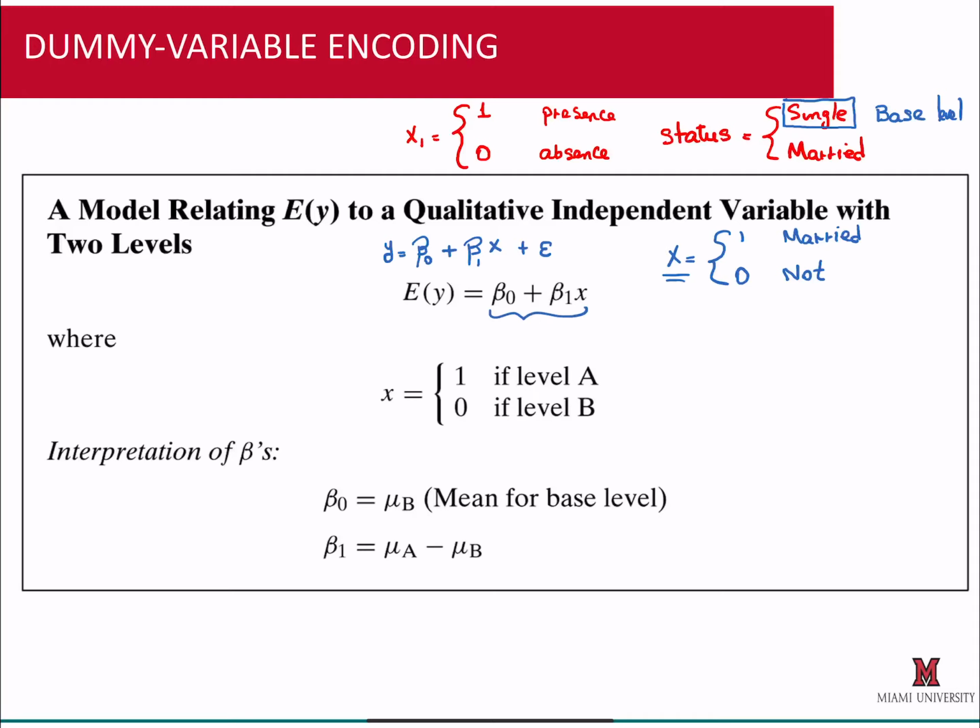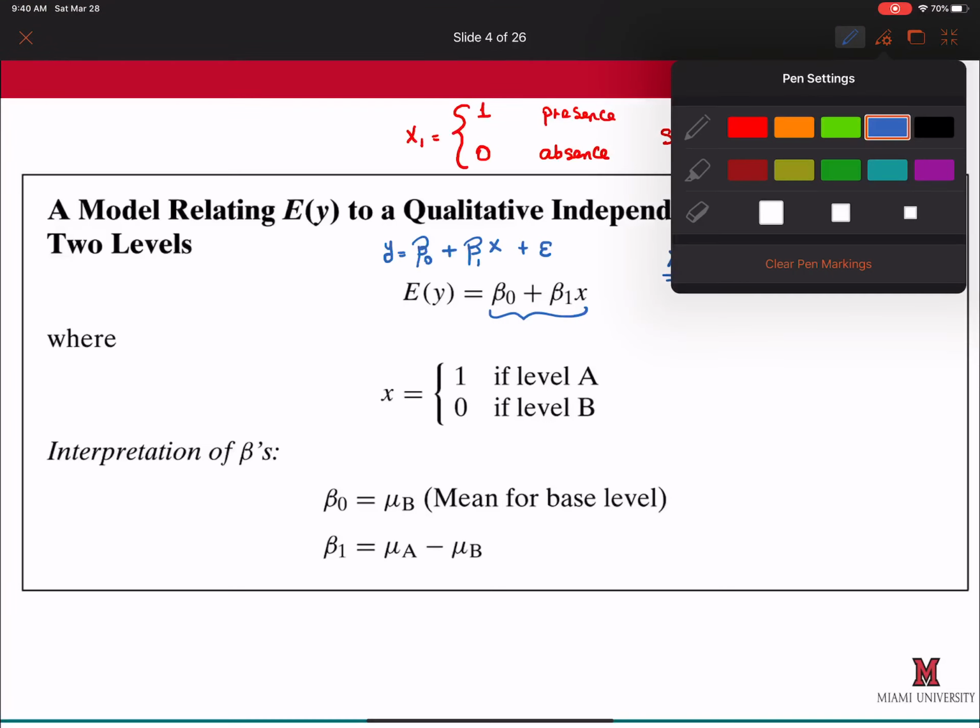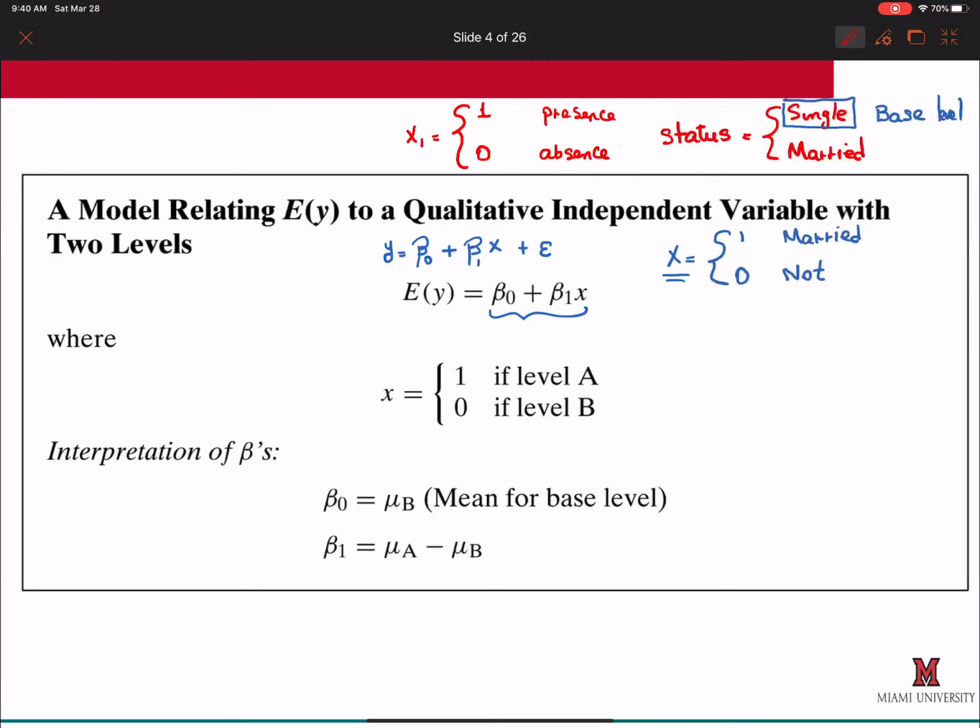Let's suppose for now that our y variable is, let's say, salary, and we are using the status variable as a predictor. In order to incorporate it into the regression model, we can't use the variable as is, because we can't really multiply something by single or married.